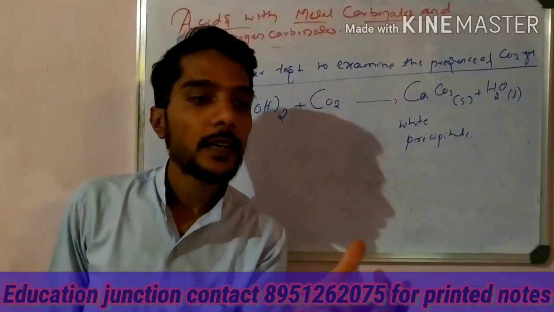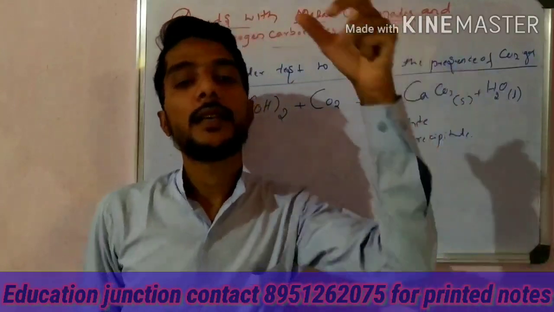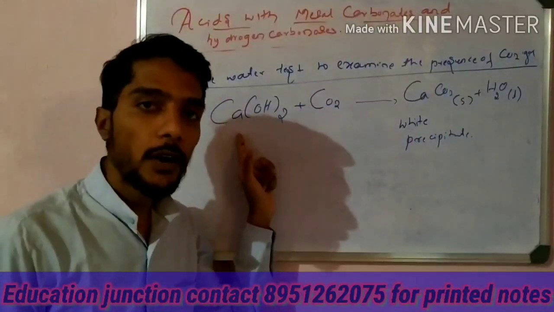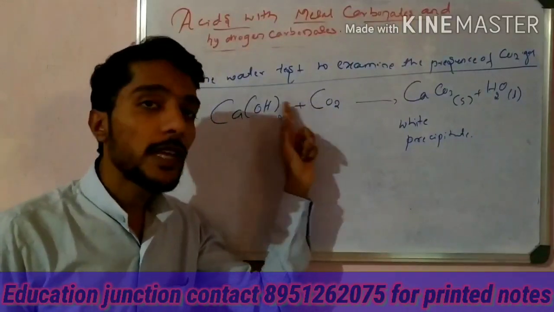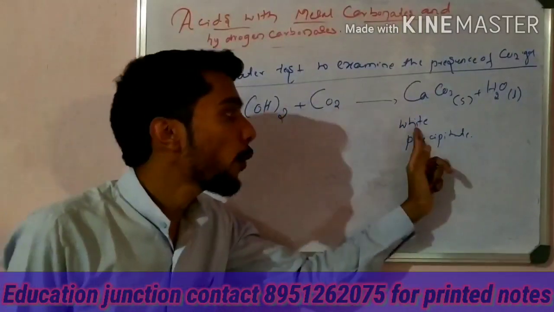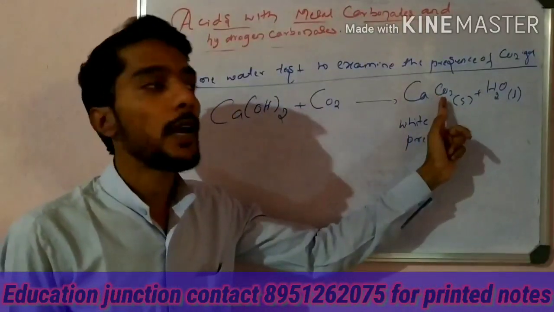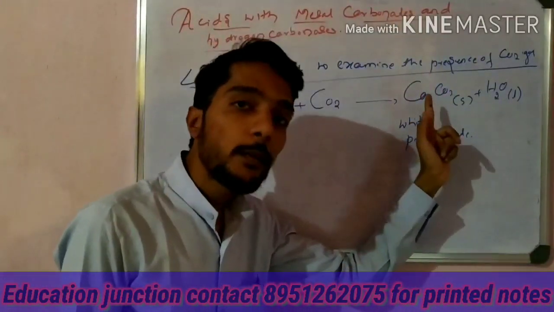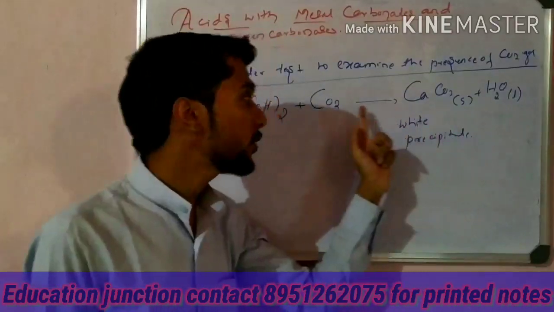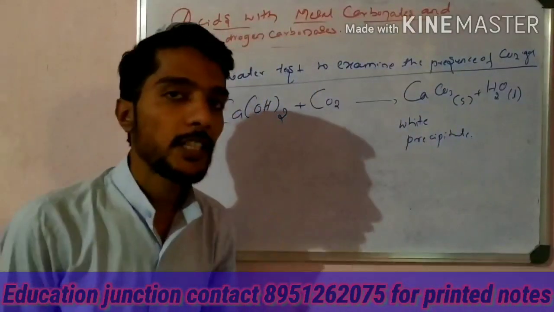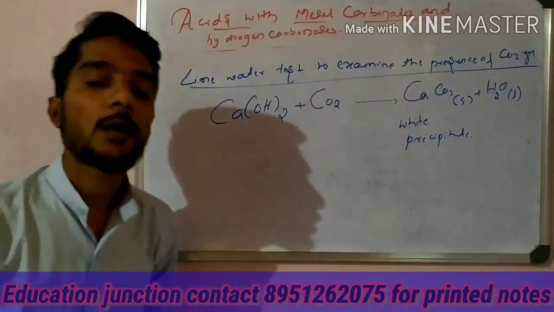To test that gas, we pass it into lime water, that is calcium hydroxide. When that gas reacts with calcium hydroxide, it forms a white precipitate. That white precipitate is nothing but calcium carbonate, and that calcium carbonate formation indicates the given gas is carbon dioxide. Okay, students, that is the test for examining the presence of carbon dioxide.